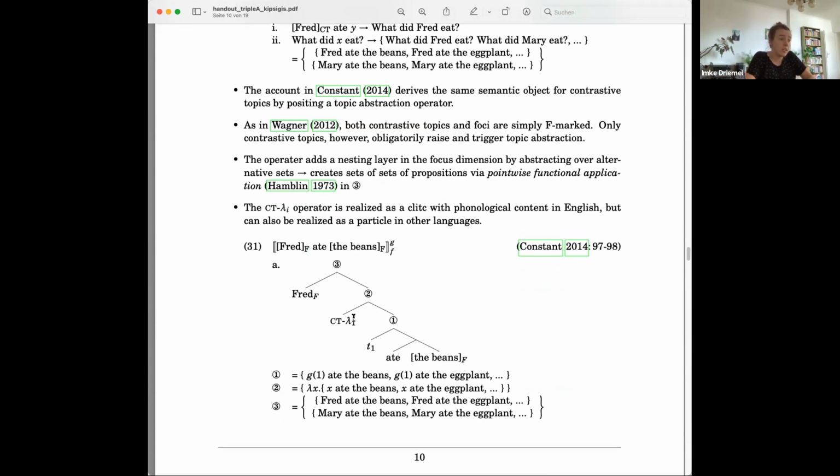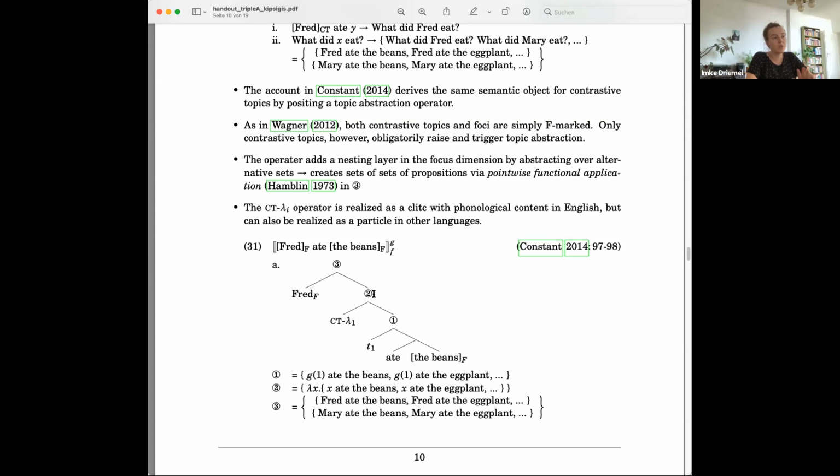So the alternative set here is given in 1. We have the trace here of Fred. So G of 1 ate the beans, G of 1 ate the eggplant. We vary the slot in the object position because it's F-marked. Then we do something that looks very similar to predicate abstraction, but also slightly different, right? And then the crucial thing is that the output is a set of propositions, X ate the beans, X ate the eggplant.